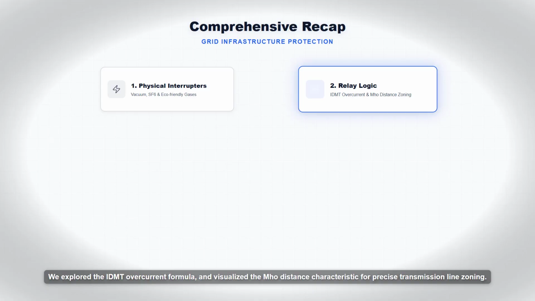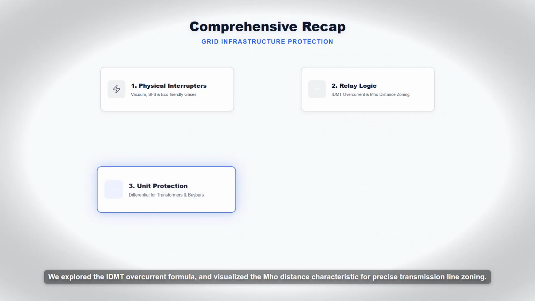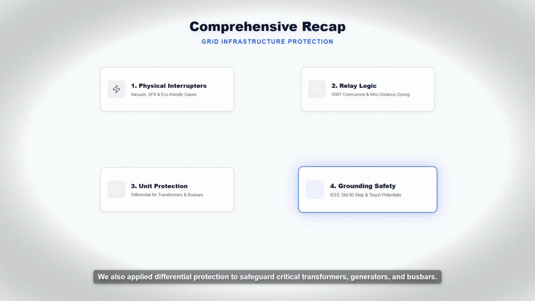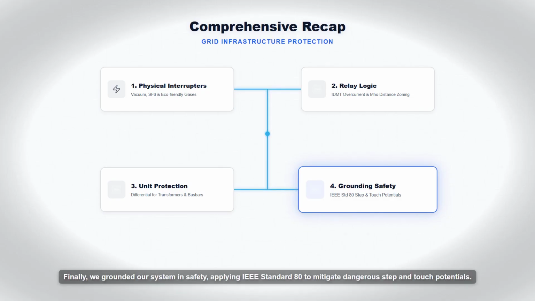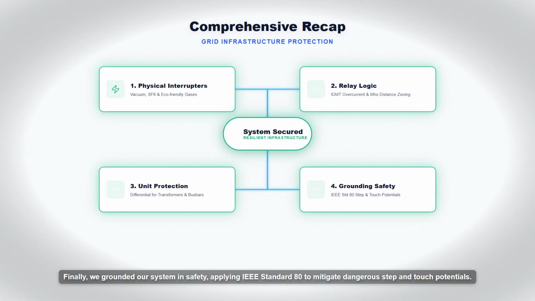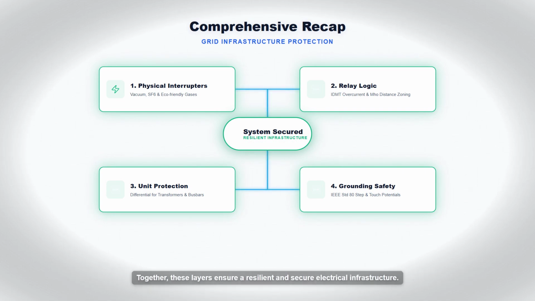We explored the IDMT overcurrent formula and visualized the mho distance characteristic for precise transmission line zoning. We also applied differential protection to safeguard critical transformers, generators, and busbars. Finally, we grounded our system in safety, applying IEEE Standard 80 to mitigate dangerous step and touch potentials. Together, these layers ensure a resilient and secure electrical infrastructure.